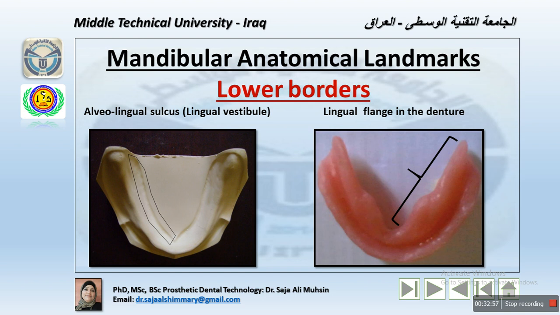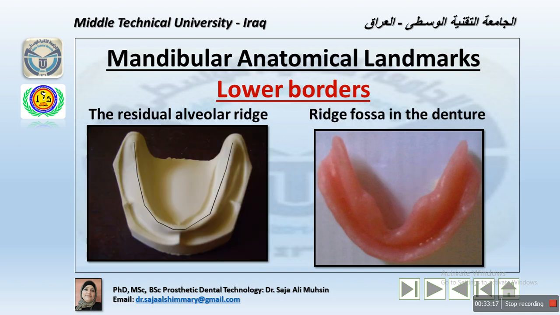And of course, the labial sulcus, I would like to mention, is used to assess the vertical dimension, and the buccal shelf provides support for the denture and for the angulation of the occlusal surface of the posterior teeth.